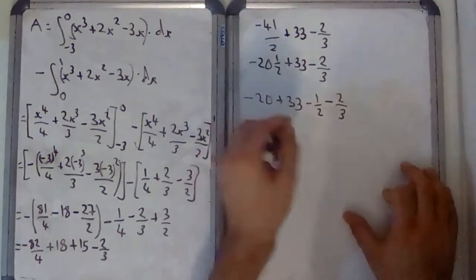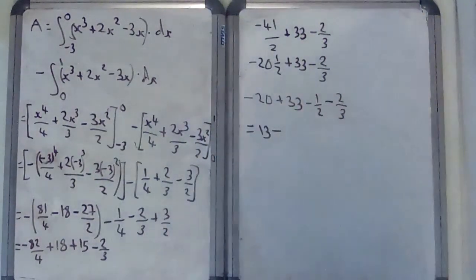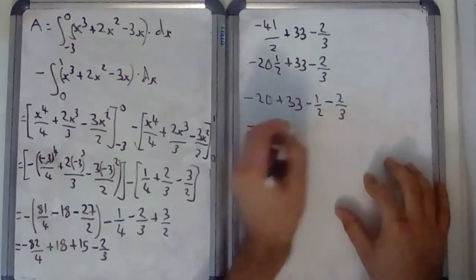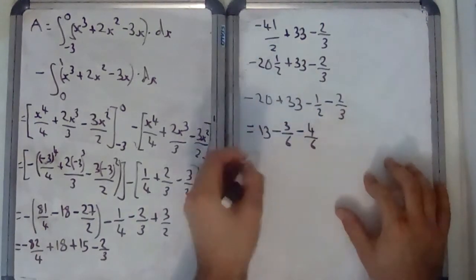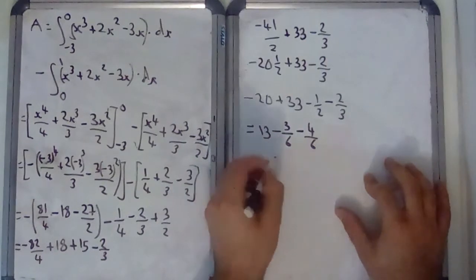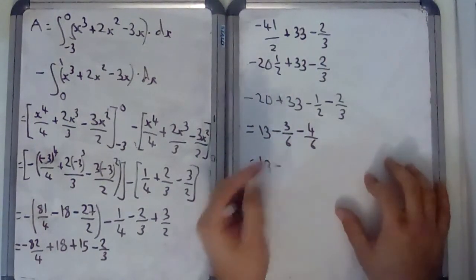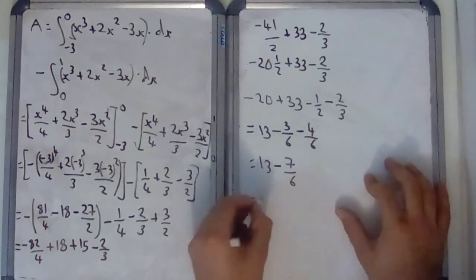Then you've got minus, well, I'm going to have to give these a common denominator, so it's going to be sixths. So minus a half can be minus 3 over 6, and minus 2/3 can be minus 4 over 6. So you end up with equals 13 minus 7 over 6, which is the same as 13.